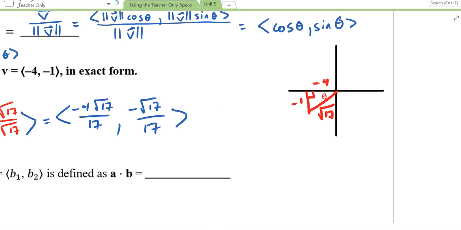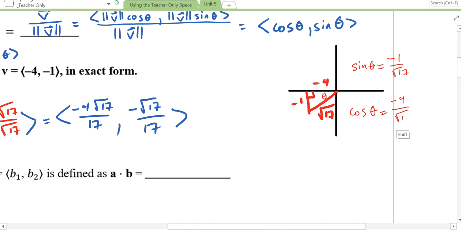And when we went to find sine and cosine from this, sine of the angle is equal to the y component, which is negative 1 over square root of 17. Cosine of the angle is negative 4 over the square root of 17.